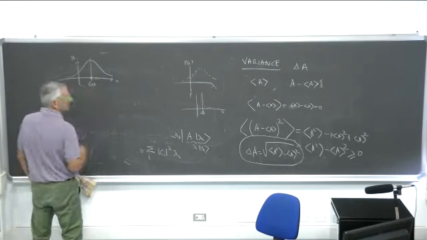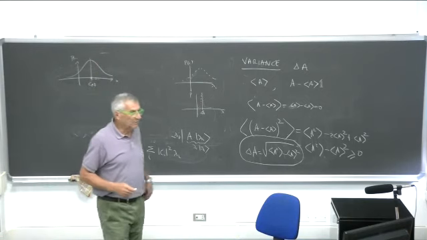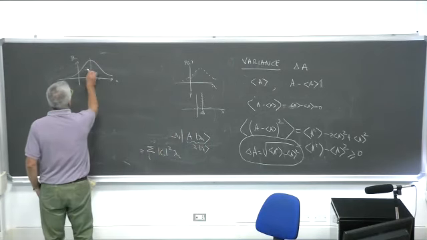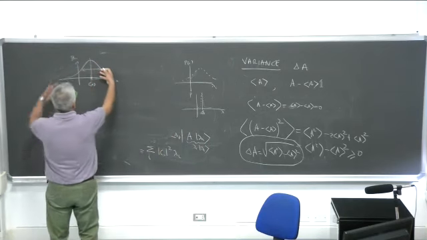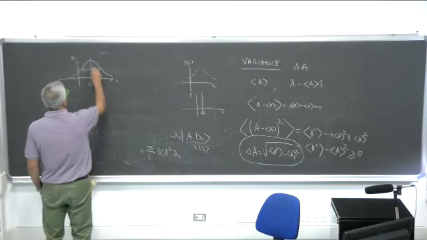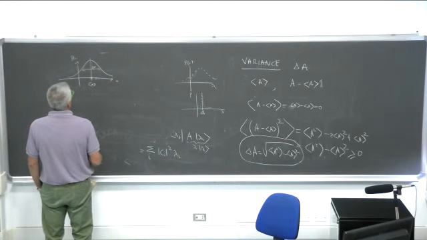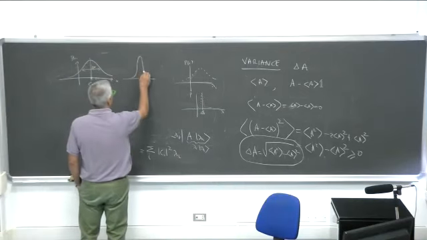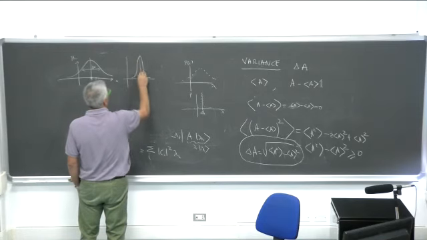Is the P. And what is the delta X? The variance is just the size of this curve. This is delta X. The smaller is delta X, the more P you have here.